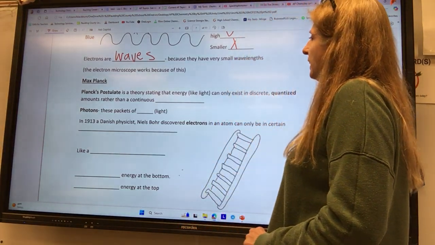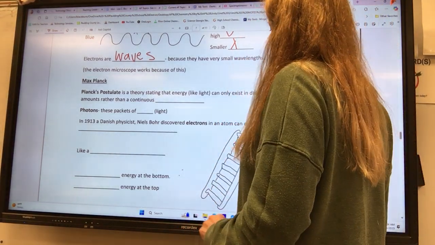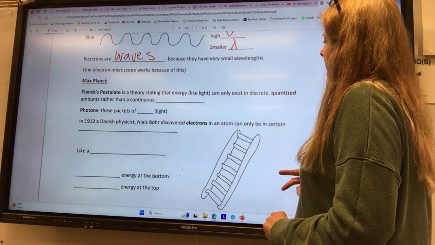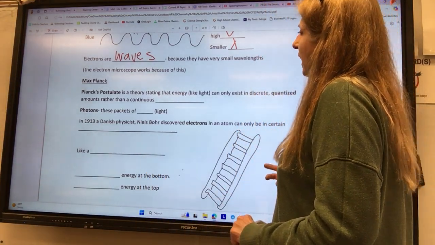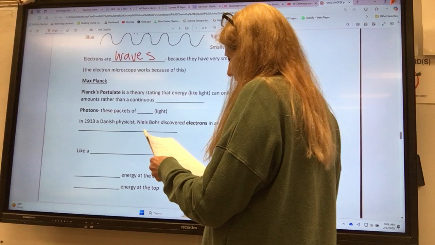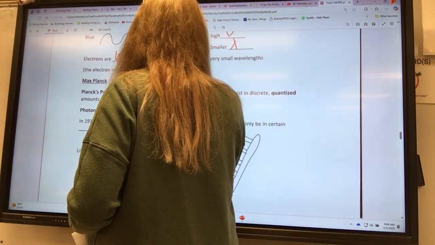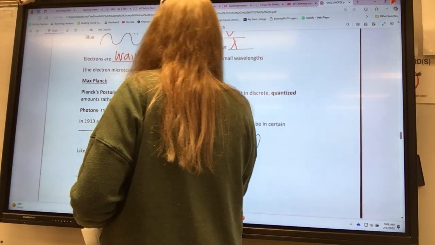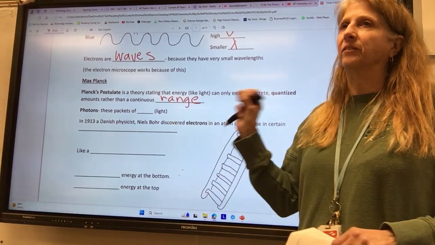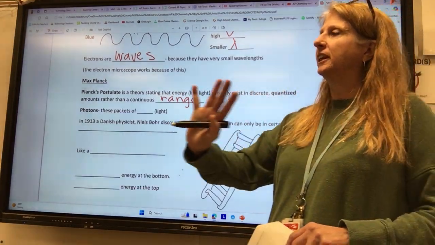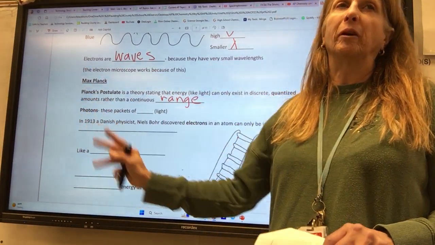Planck's postulate is a theory stating that energy, like light, can only exist in discrete, quantized amounts rather than in a continuous range. So we can't see it, but light is in little packets of light. It is not just a continuous amount of light coming at you.